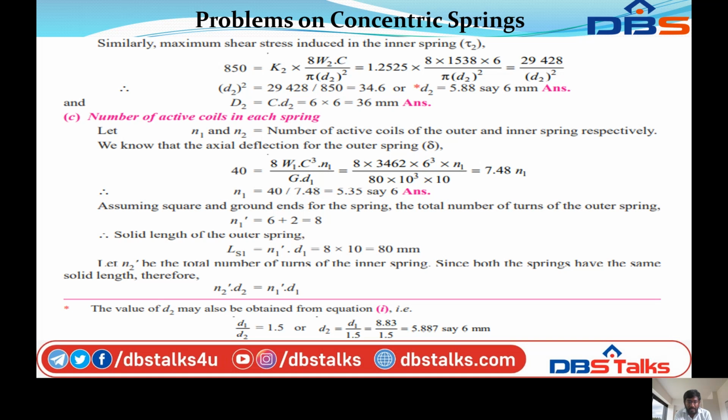So next we can calculate the number of active coils in each spring. So N1 and N2 are the number of active coils of the outer and inner springs respectively.